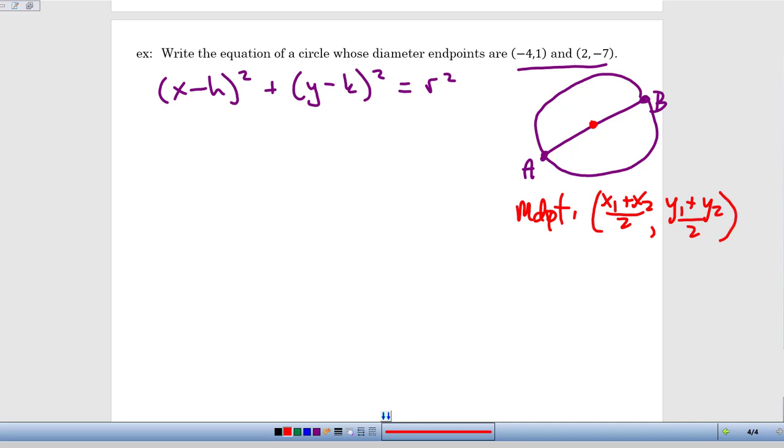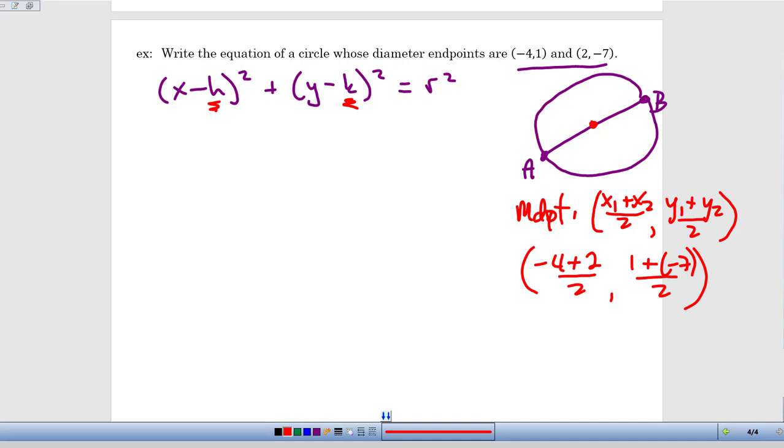So basically find the average of the x coordinates, and then do the same thing for the two y coordinates. That's what I'm going to do here to find the center, the h and k values for our circle in question. So we can add -4 plus 2, put that over 2, and then add the y coordinates, 1 plus -7 over 2.